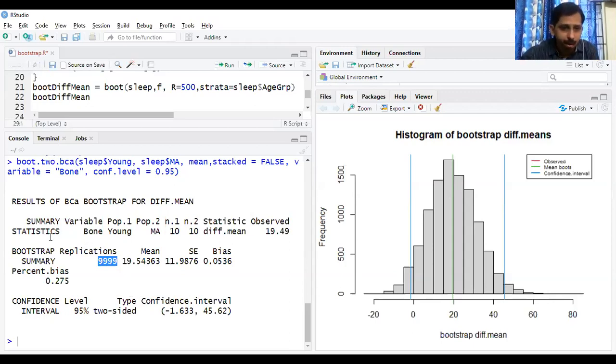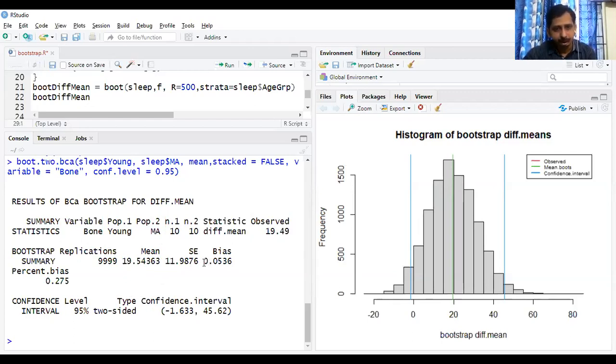Now the summary statistics: population 1 is this, population 2 is this. The number of samples in the first population is 10, in the second population 10. The observed difference of mean is 19.949, and the bootstrap mean is 19.54. The standard error is 11.986.